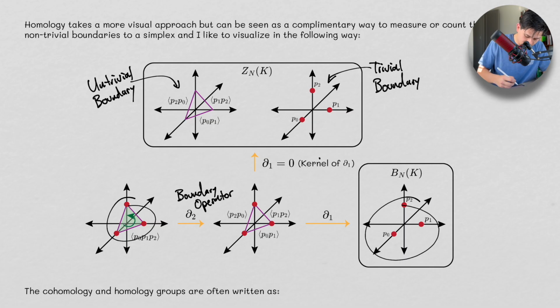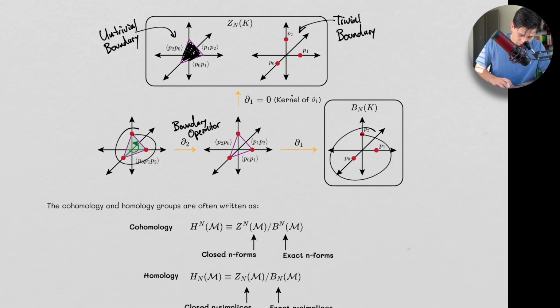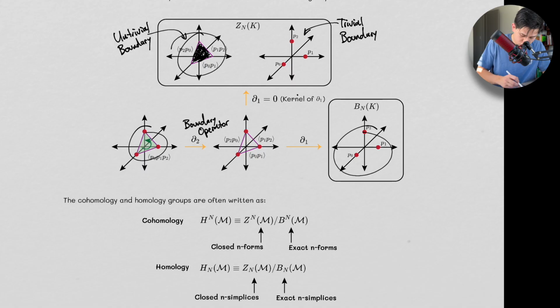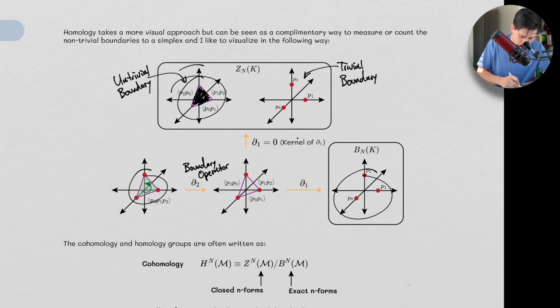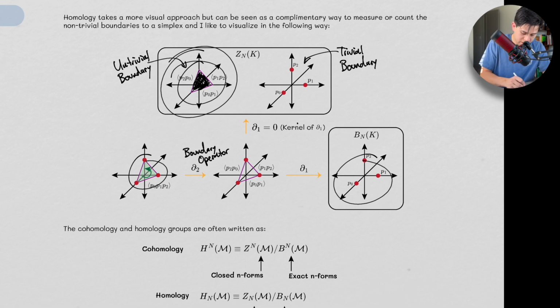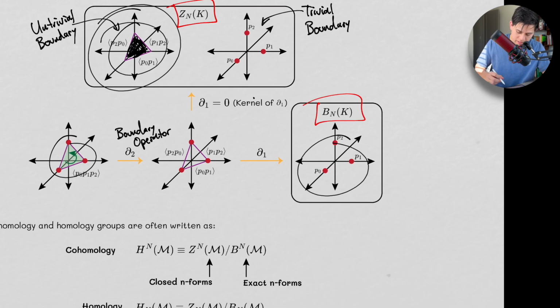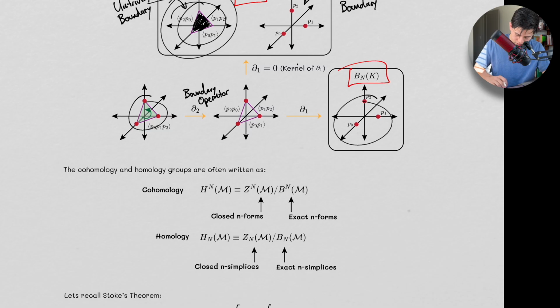The untrivial boundary is the thing that has the hole in it, right? There's a big hole right here. We can color this hole in, but the point here is that the non-trivial boundary is the thing that has a hole in it. We're counting holes, right? So we want to be able to siphon this thing out of this space, and the way we do that is we take Z_n and we mod out B_n, okay?